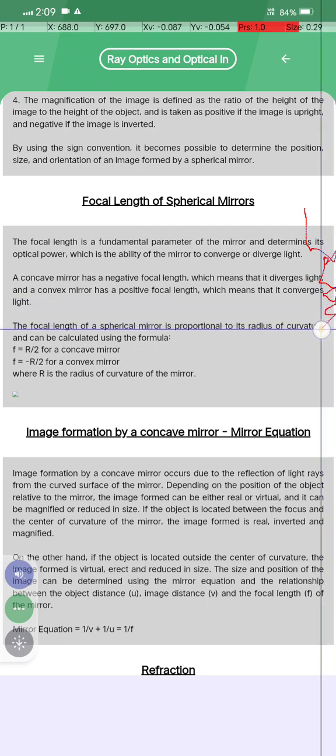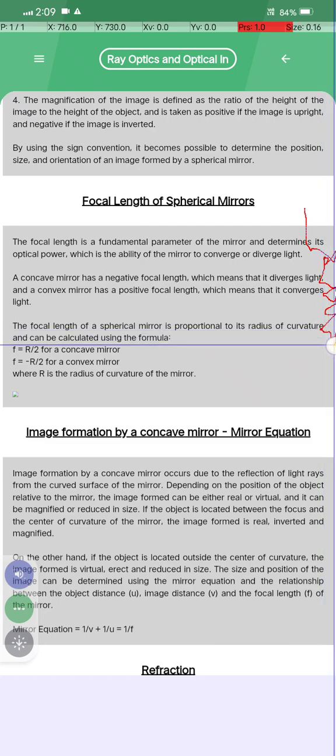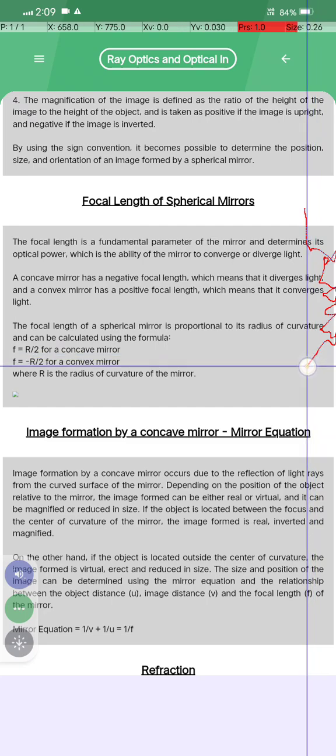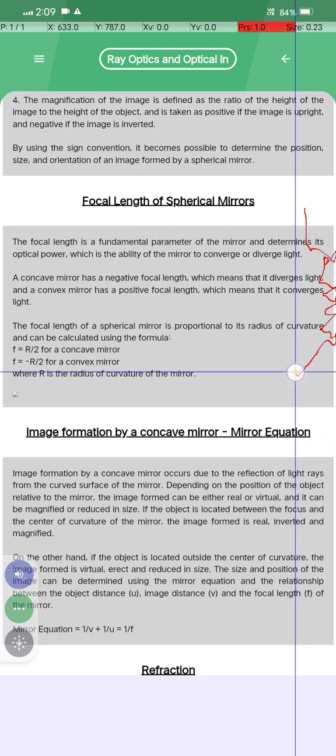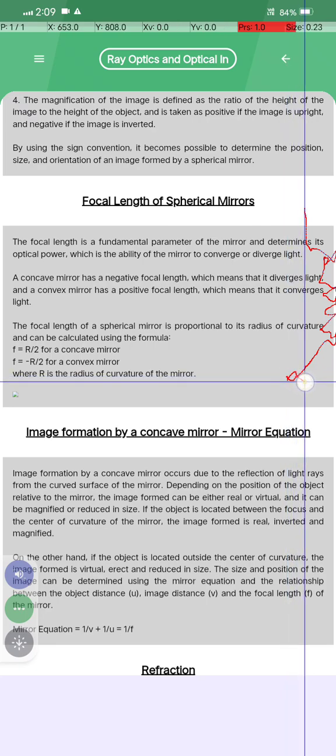The focal length of a spherical mirror is proportional to its radius of curvature and can be calculated using the formula f is equal to R by 2 for a concave mirror and f is equal to minus R by 2 for a convex mirror, where R is the radius of curvature of the mirror.